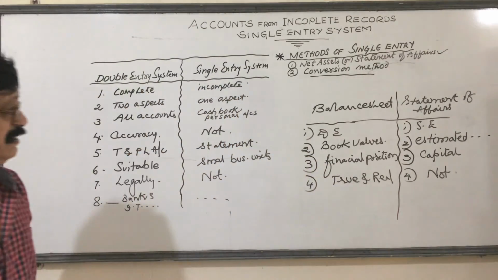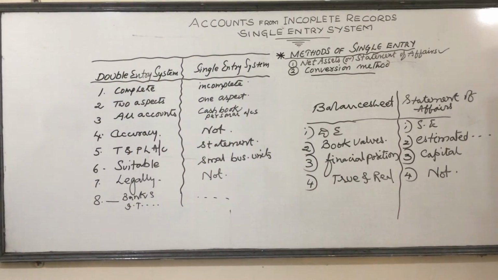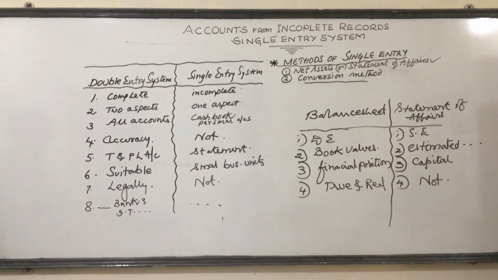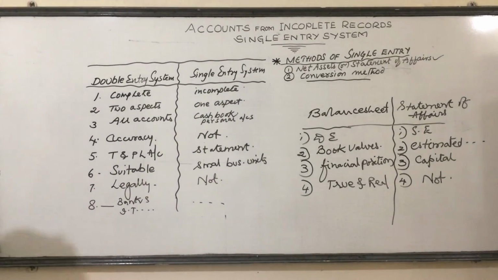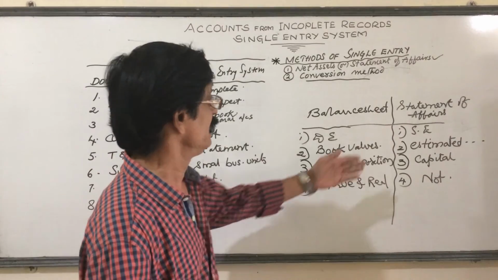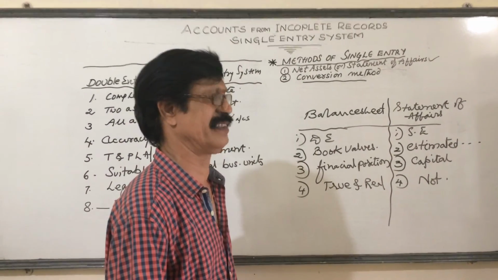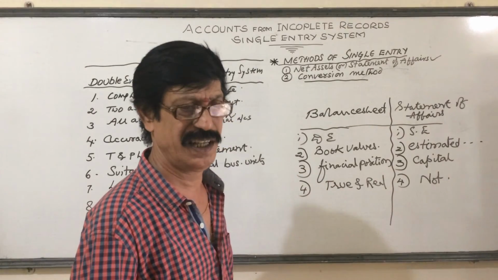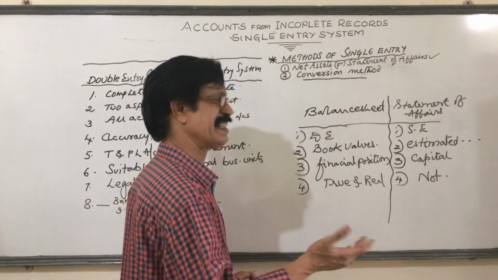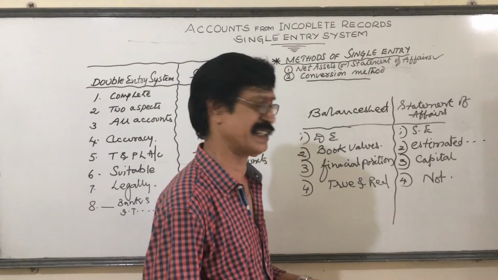Next, through balance sheet, we can find out the real financial position, and through statement of affairs, we can find only the nearest or estimated financial position.